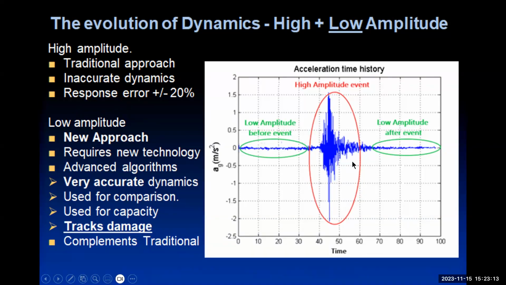At the moment, the main method is to monitor during the event, to wait for the event to happen and to see what the changes are during that. There are big problems with doing that because the structure itself, especially if it's taken near to its limit state, may well be having nonlinear behavior.